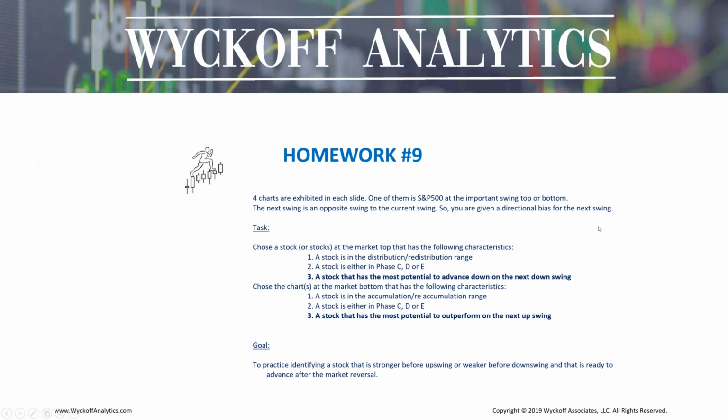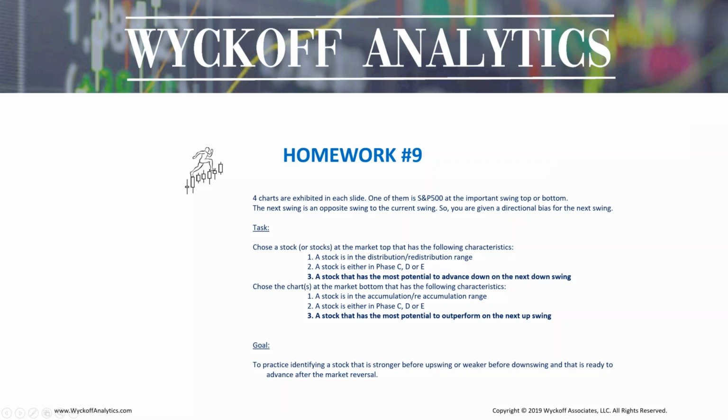All right, a homework. A homework is going to be 4 slides. On each slide, you're going to have a market proxy, S&P 500.